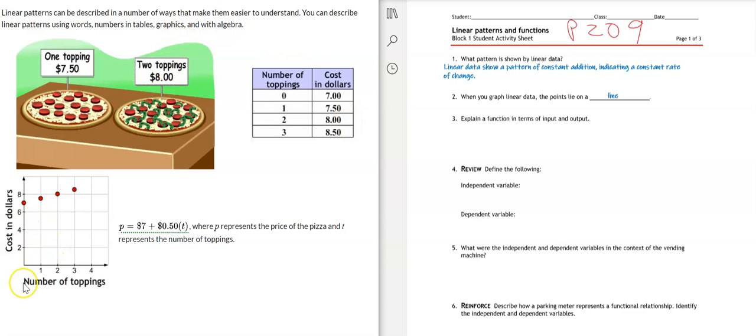Graphics, here's our graph. It shows the same representation that we saw in the table. And also with algebra, P equals $7 plus 50 cents multiplied by T, where P is the price of the pizza and T represents the number of toppings.